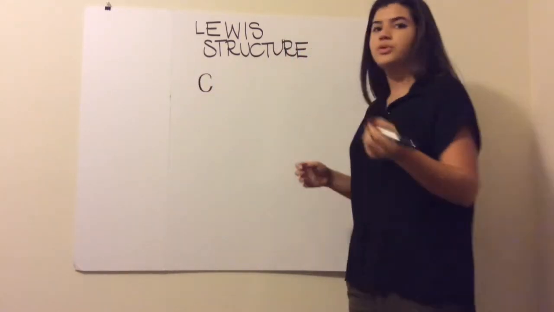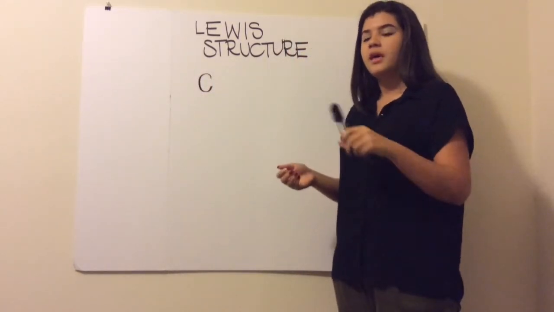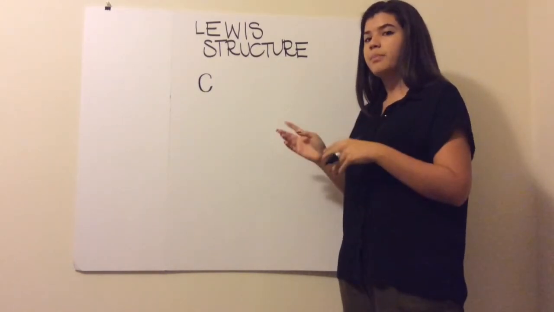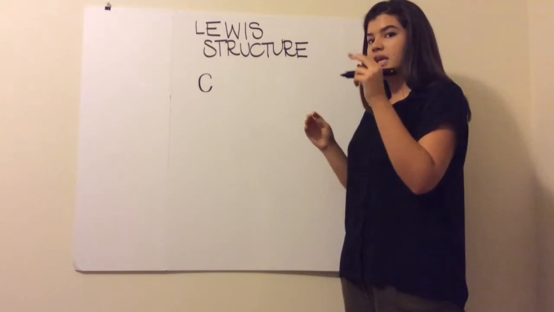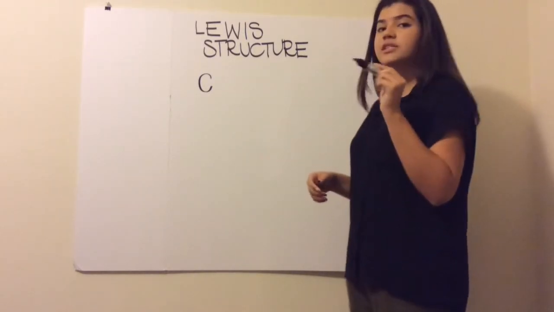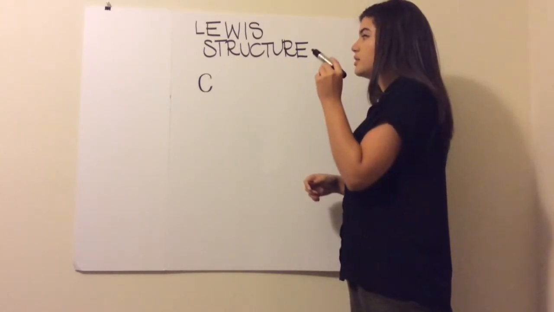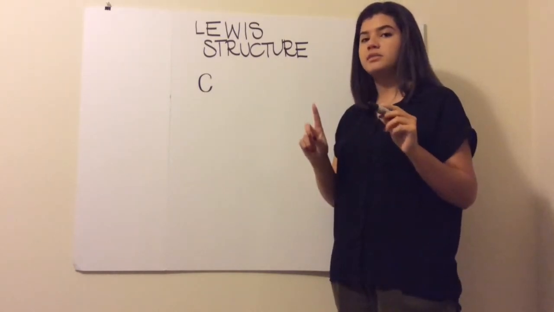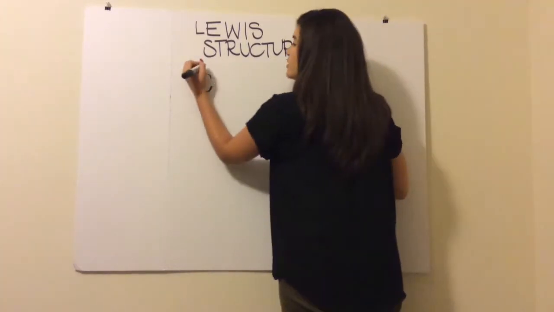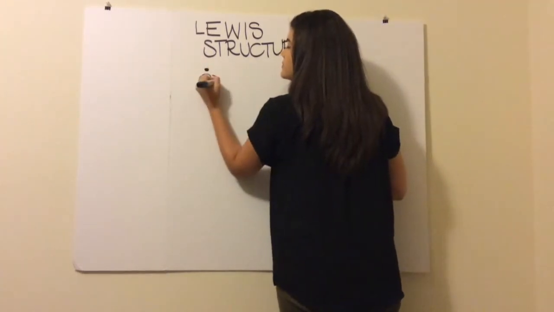If you know your groups on the periodic table, you should know that carbon has 4 valence electrons. The group number is equal to the number of valence electrons. Every single dot on the Lewis structure represents 1 valence electron. And since carbon has 4, we're going to draw 4 dots.